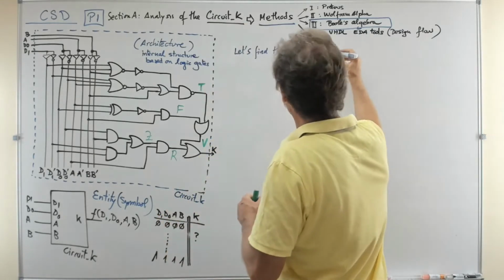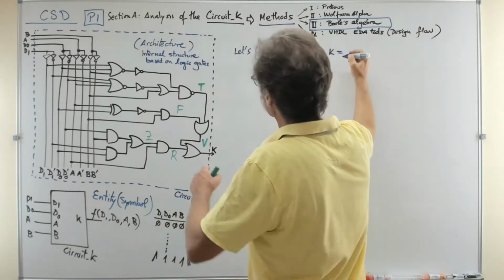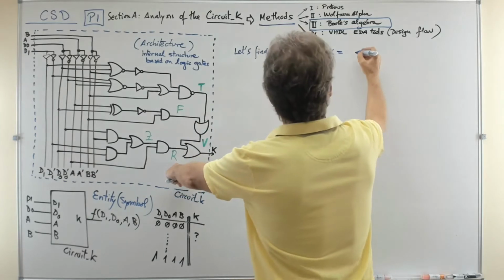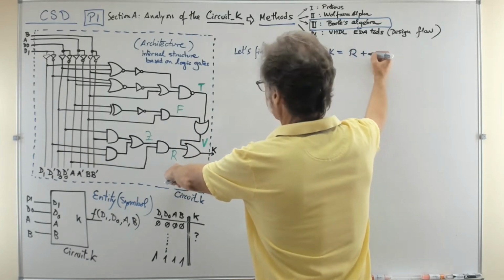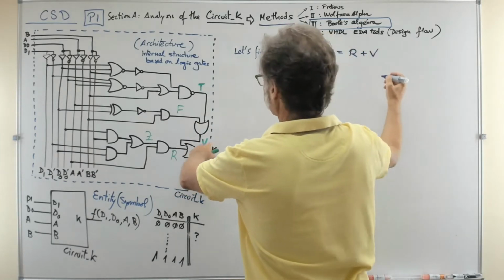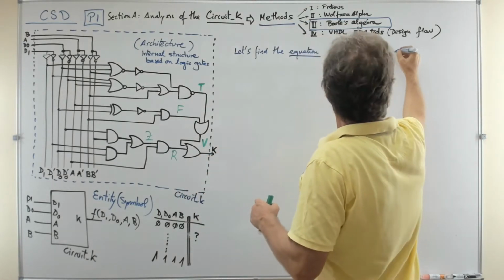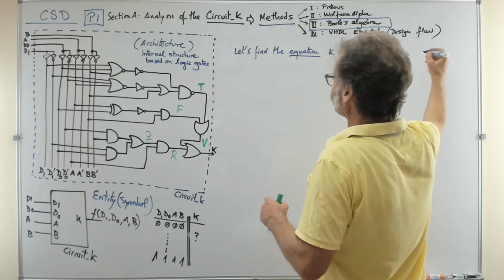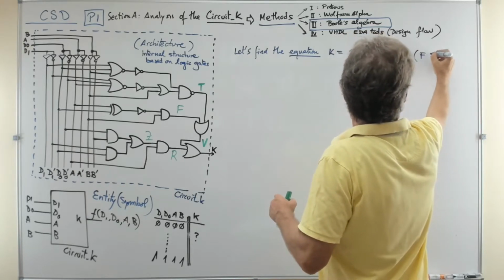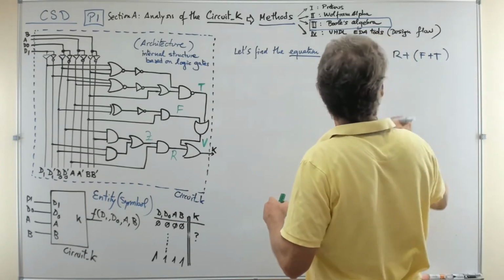It's going to be something like this. Key is going to be R or V, and so R or F or T, right?